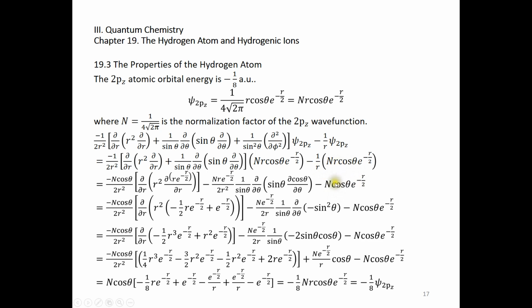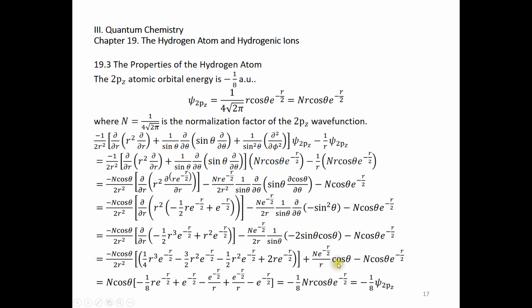R and r cancel, so we have this. Again, calculus and algebra. So we get this over here. The first derivative of cosine theta is negative sine theta, so we get this. And we keep doing those mathematical operations. It's purely mathematics. All the way to here, it looks really tedious. And this part goes here, this part goes here.